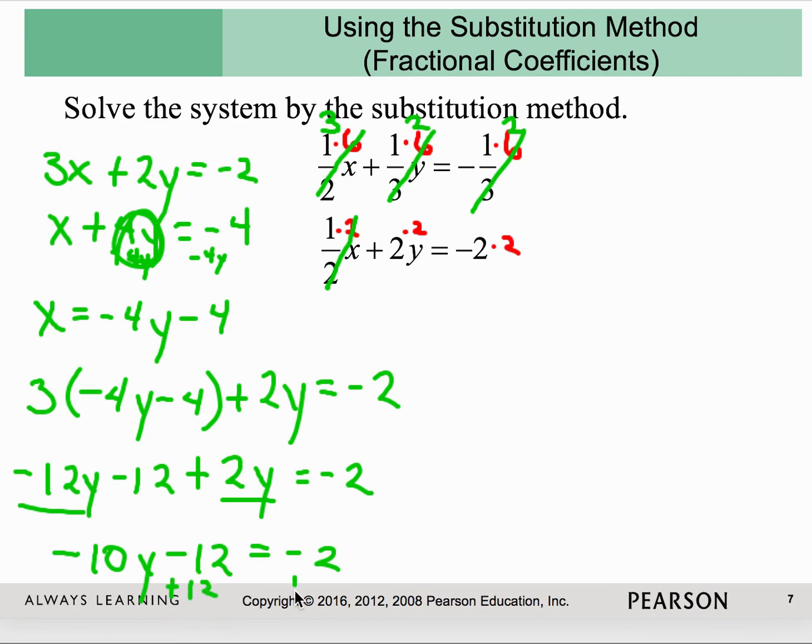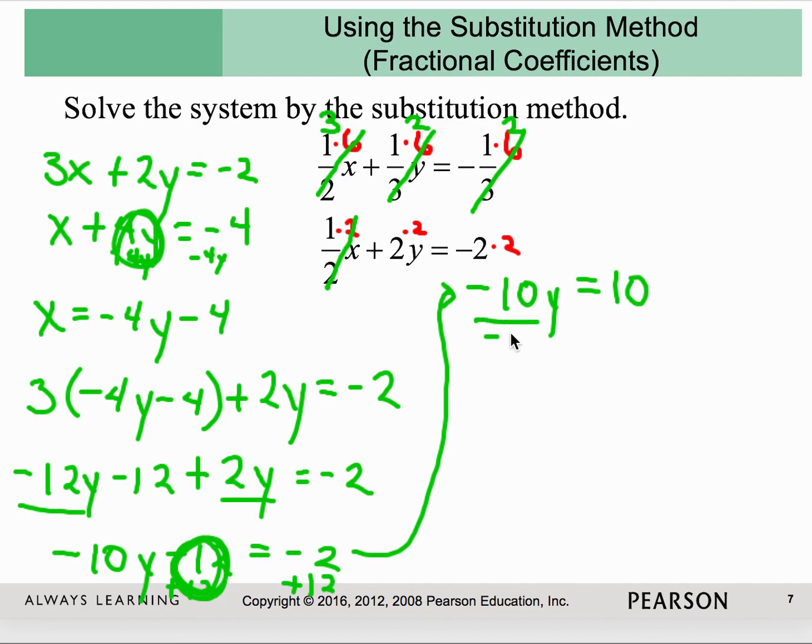So let's add 12 to both sides to have -10y equals 10. Undo anything being multiplied to the variable. So y equals -1.